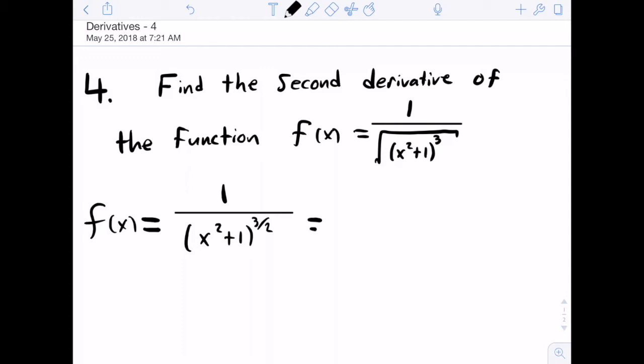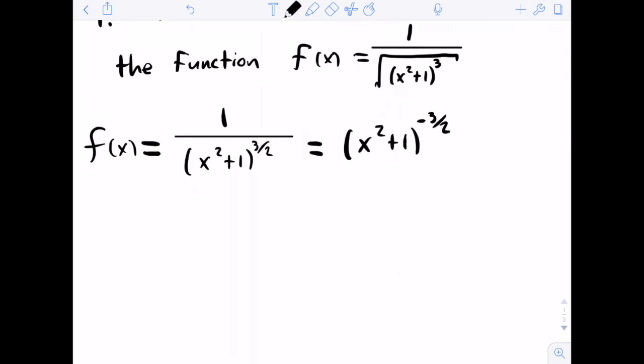And then we can put that in the numerator by throwing a negative sign in front of the 3 over 2. So now this is x squared plus 1 all to the power of negative 3 over 2. So now this is a little bit easier to work with. So that's what we'll be using to take the derivative. Okay, so now we got f prime.